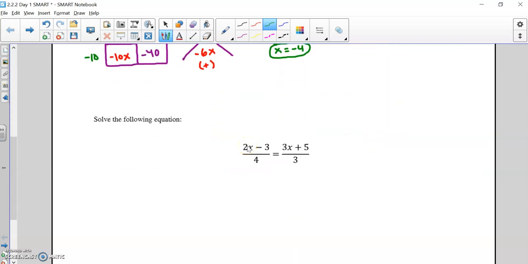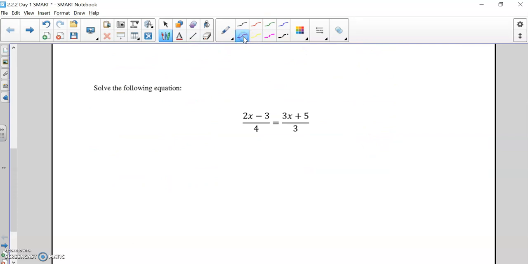All right, for the next one, this is a cross multiplication problem. This is where you take your diagonals. I'll do one in purple and one in green here, and you multiply, hence the name cross multiplication. On one diagonal, we have 4 times 3x plus 5, so we'll set that up, 4 times 3x plus 5, and then equals the other diagonal, 3 times 2x minus 3.